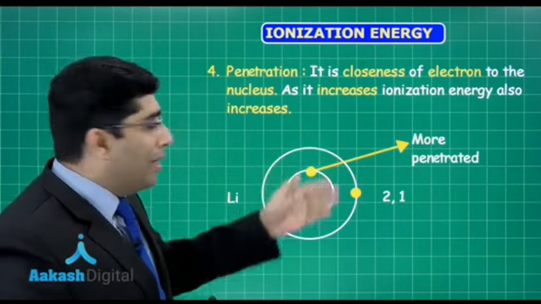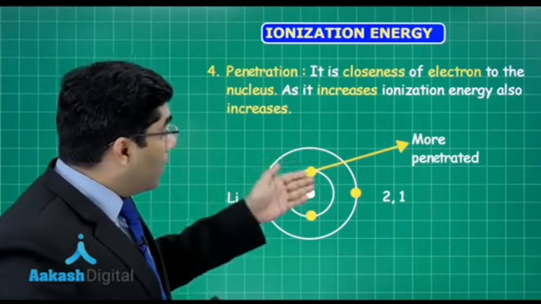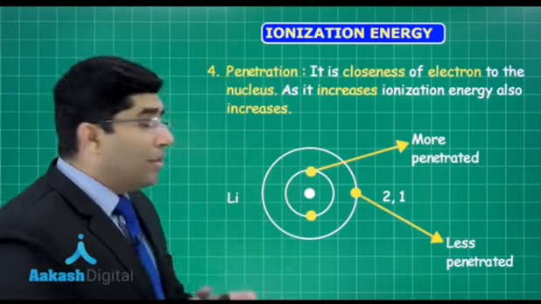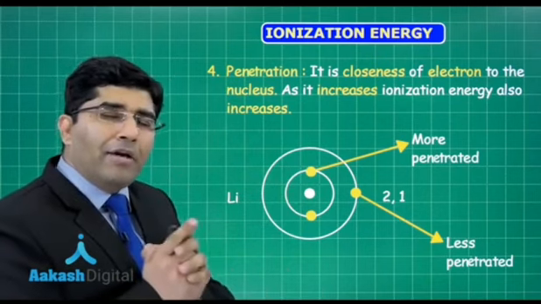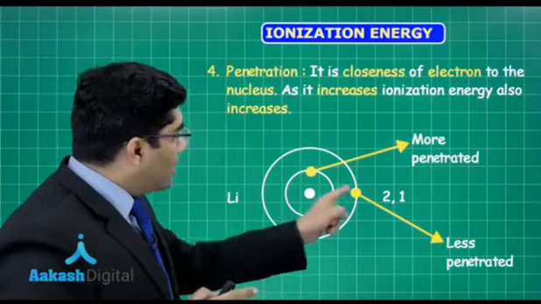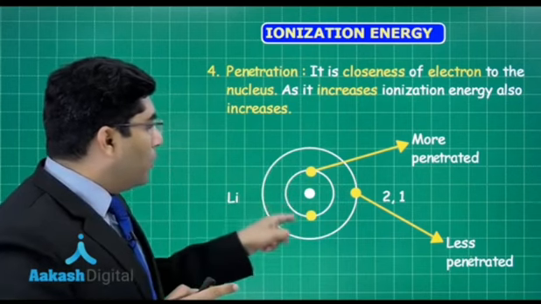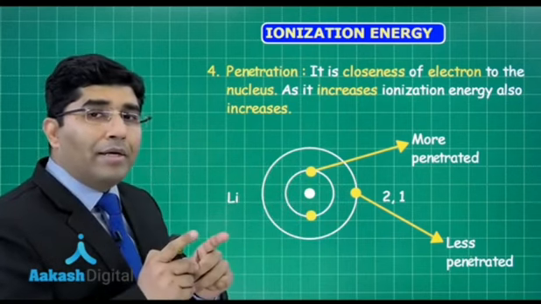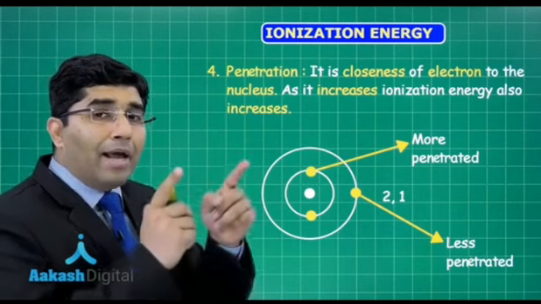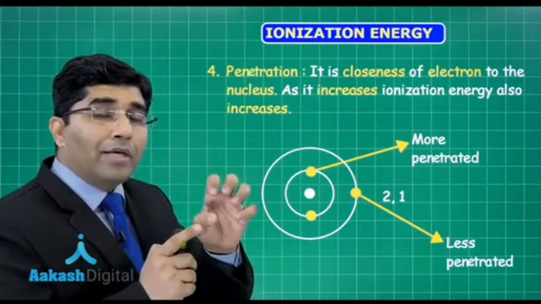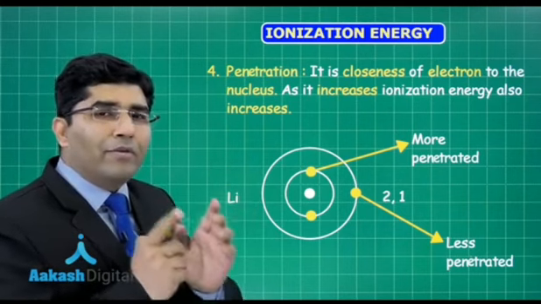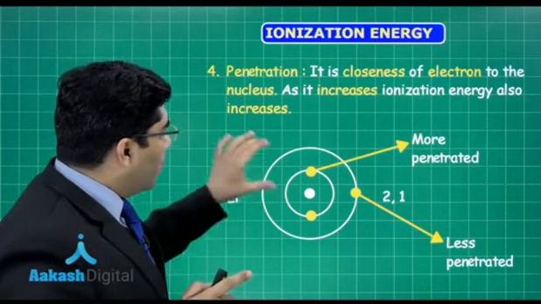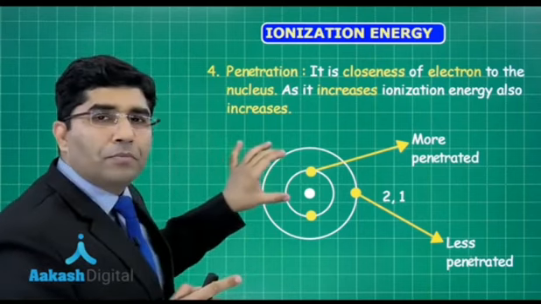In the second shell there is 1 electron only, which is less penetrated, and we can easily remove this electron. But if we want to remove these electrons, they are more penetrated, they are highly attracted by the nucleus. That's why it is very, very difficult to eject out these 2 electrons. So this was the penetration effect.